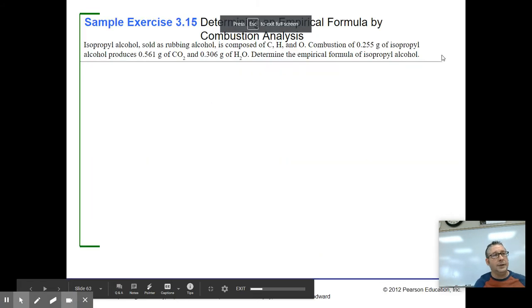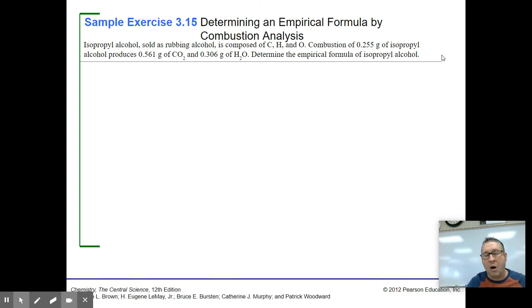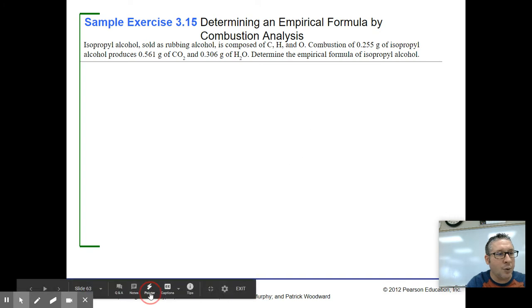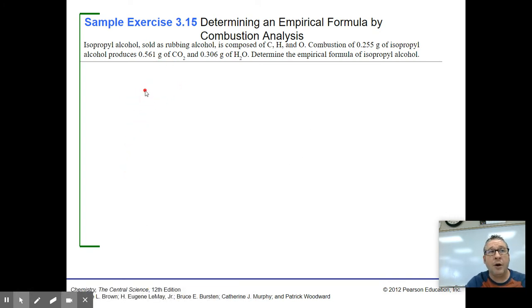All right. So we are hopping right into the problem here. So we have isopropyl alcohol. Let me get my little pointer here. Isopropyl alcohol, which is sold as rubbing alcohol. It's also the alcohol that is used to clean off the Chromebooks during this pandemic. Anyway, it is composed of carbon, hydrogen, and oxygen.